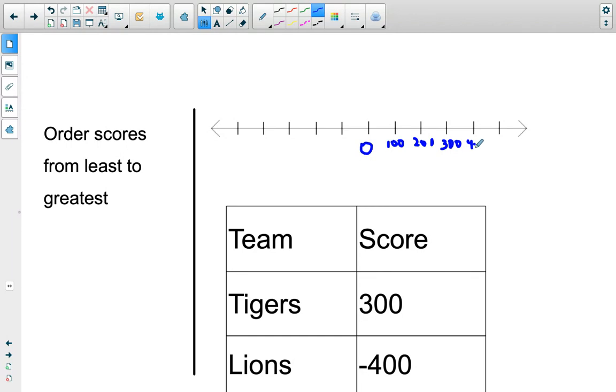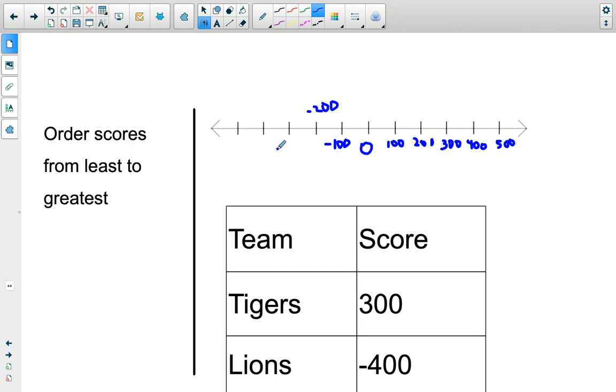I don't think any of my points are 500, so I'm just going to skip for now, but we know this is 500. I may as well write it 500. Then going to the left, I have -100. Sometimes it can get pretty tight when I try to write here. I'm going to write my -200 up here just to give me room.